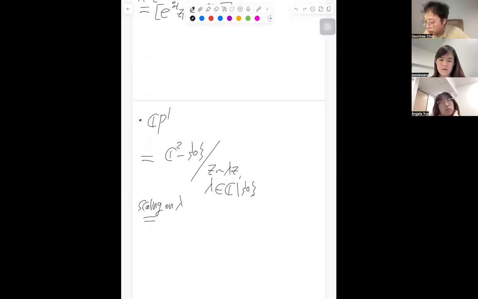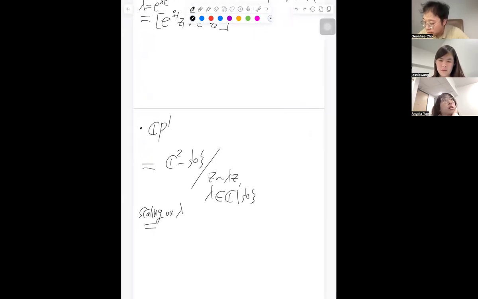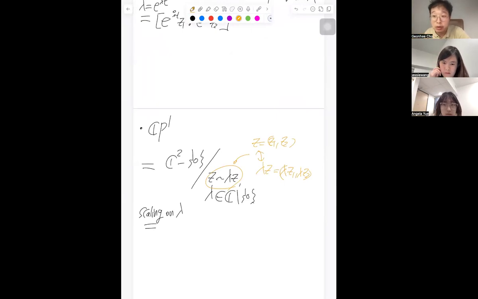Because we make the identification between Z and lambda Z, Z consists of Z1 and Z2, right? Lambda Z means lambda Z1 with lambda Z2. As long as we can go from one to the other by multiplying by lambda, we identify them as the same. This is a key part of the understanding. Is that okay with you?